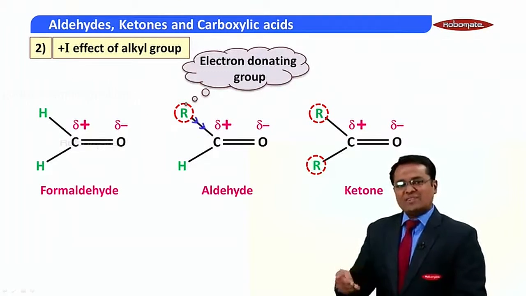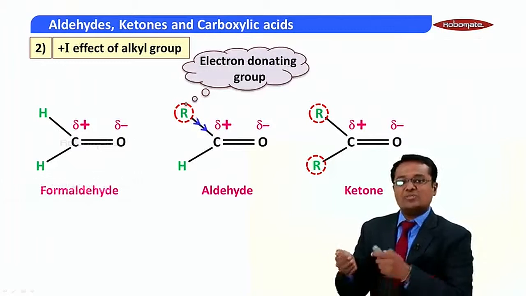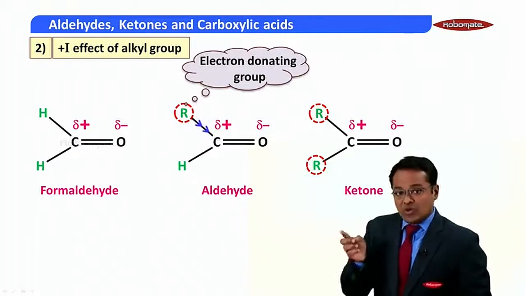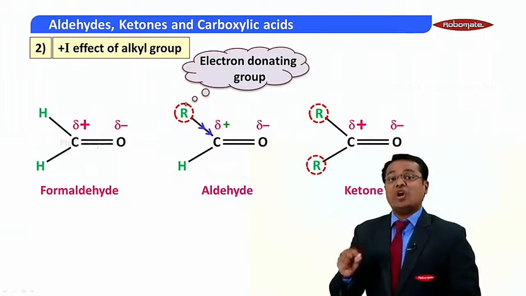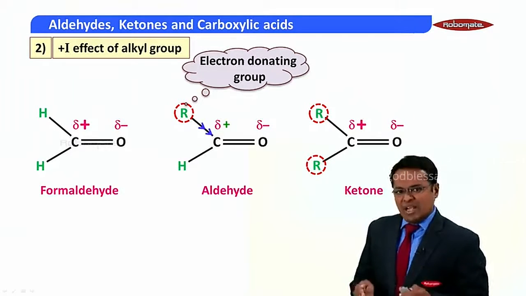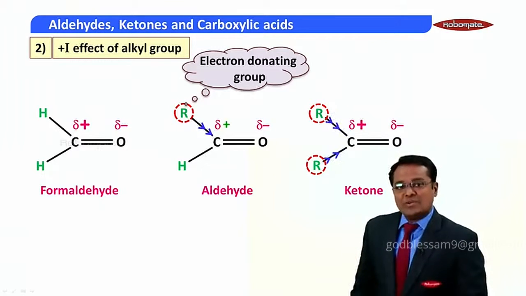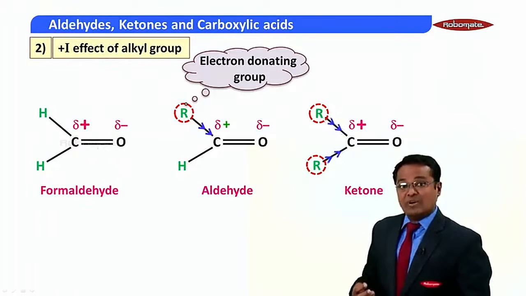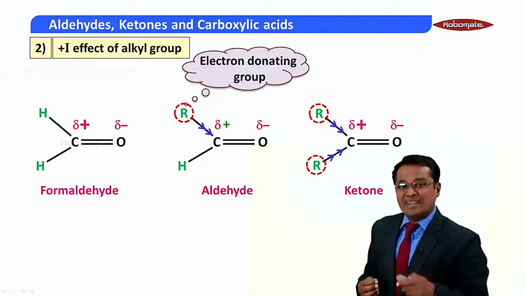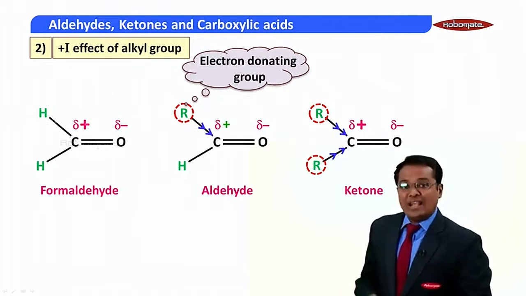So whenever it is an electron donating group, what happens? The electron is given to the carbonyl carbon, because of which the intensity of the delta positive charge gets minimized, or becomes less. Similarly, in the ketone there are two alkyl groups, and both are electron donating. So what will happen to the delta positive charge? Yes, it will decrease even more than in aldehydes.